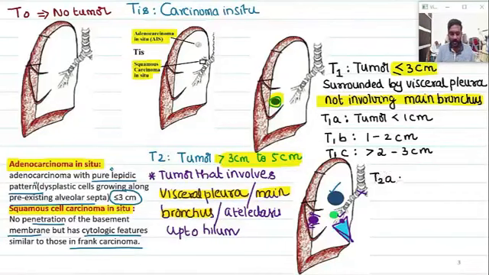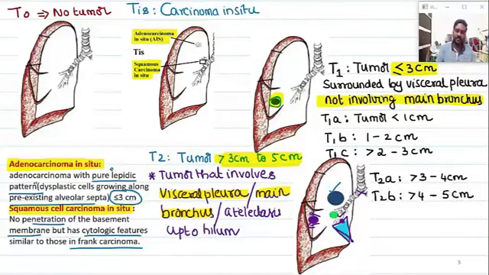We have T2A, the size more than 3 centimeter up to 4 centimeter. T2B, more than 4 centimeter up to 5 centimeter. So it is very simple. T2, the size ranges from 3 to 5 centimeter.